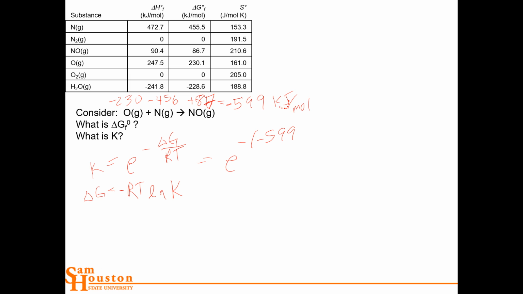And this is kilojoules. We have a choice. Do we want to make the gas constant kilojoules, or do we want to make this joules? Because we've got kilojoules and joules. That's a really common mess up. Make the gas constant kilojoules.